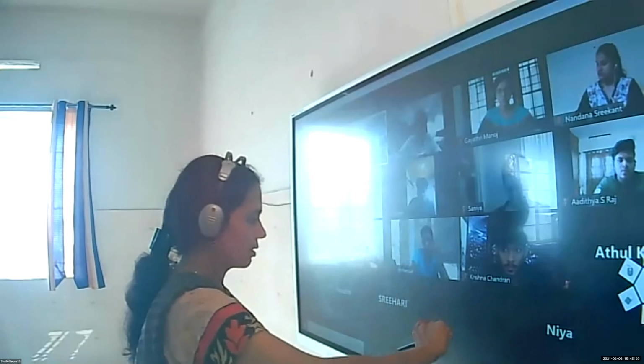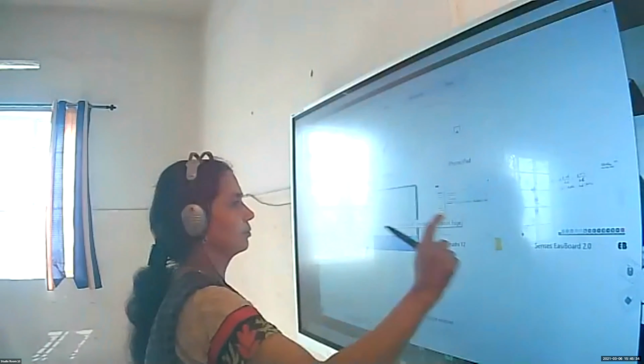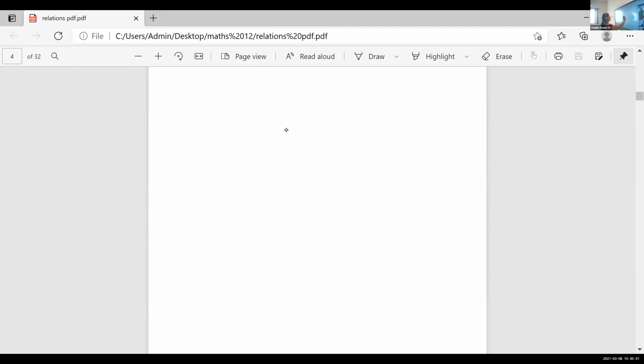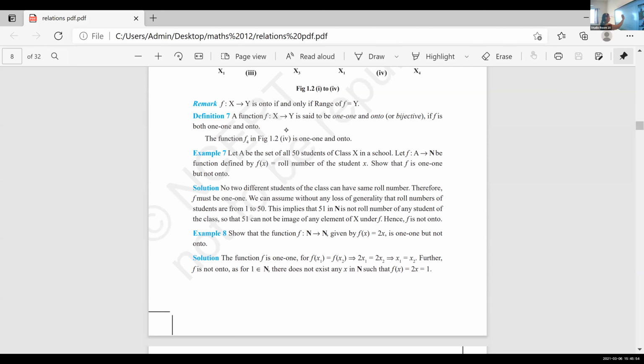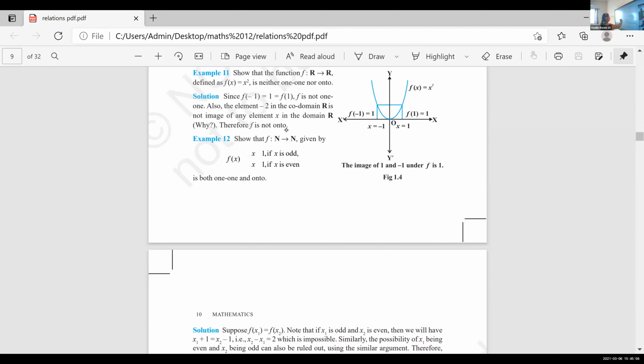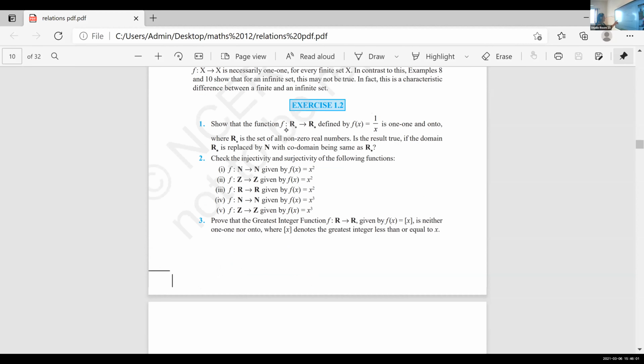Now look at the second exercise. This one we completed. Look at this, second one, we discussed about greatest integer function and all.